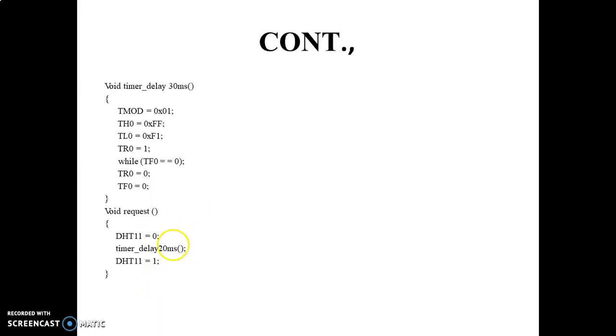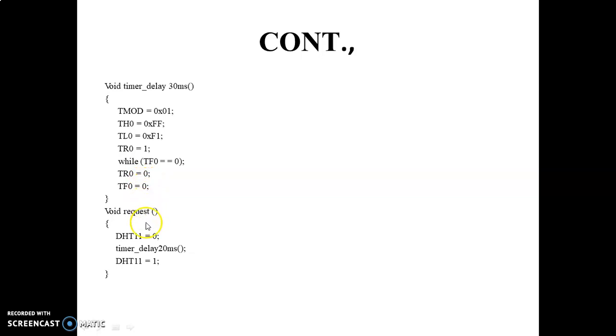Then in the timer 0 delay function, timer 0 is in mode 1, that is the 16-bit timer mode. Load the higher 8 bits in TH0 and the lower 8 bits in TL0, and start timer 0, wait until the timer 0 flag is set, then stop timer 0, then clear the timer 0 flag.